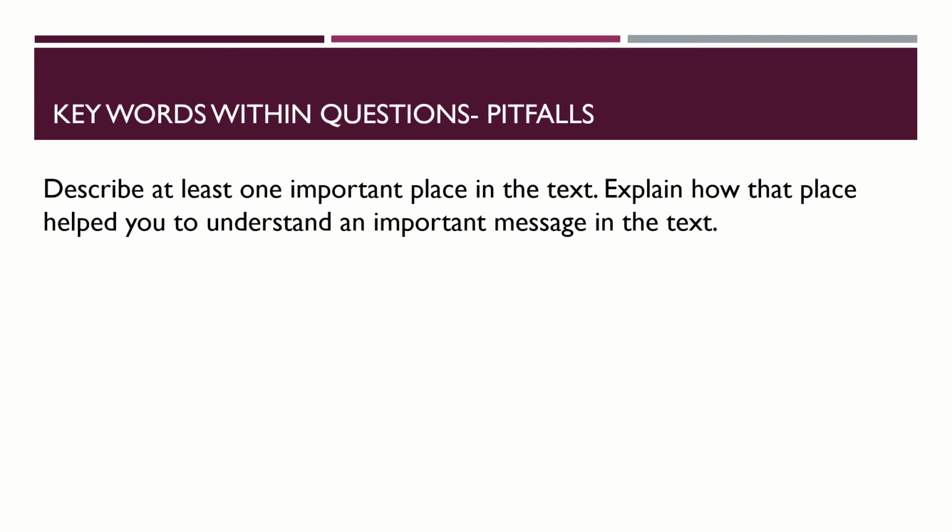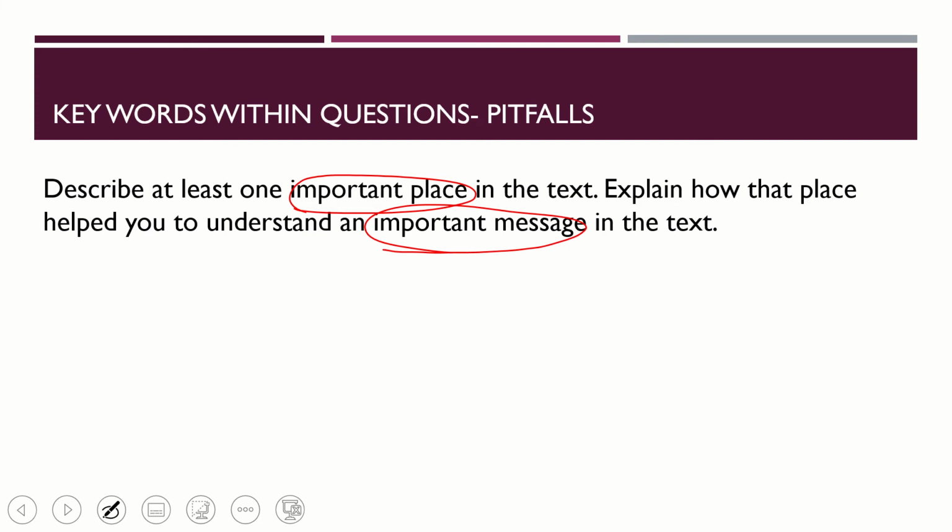Well, the first thing I should do is pull out the key elements of that question. What is that asking me for? The question's asking me for an important place, and how it helped you understand an important message. So the question's asking for an important place and an important message.